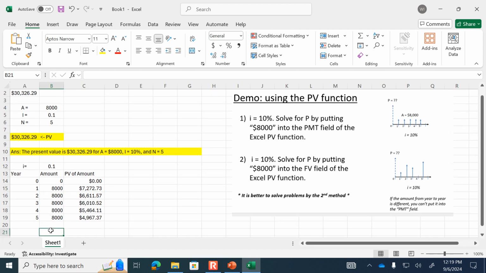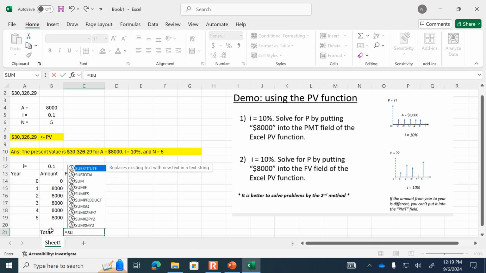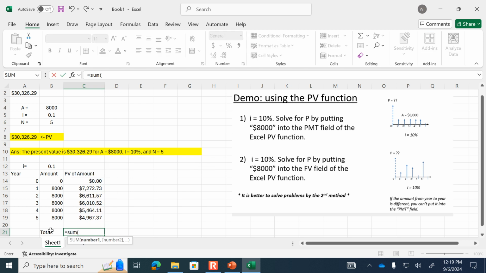So now let's find the total. Equals sum, parentheses, and then with the arrow keys, I'm just going up with the arrow keys, and I'm going to start at the bottom, and I'm pressing Shift and then arrow up to encompass all of those values.